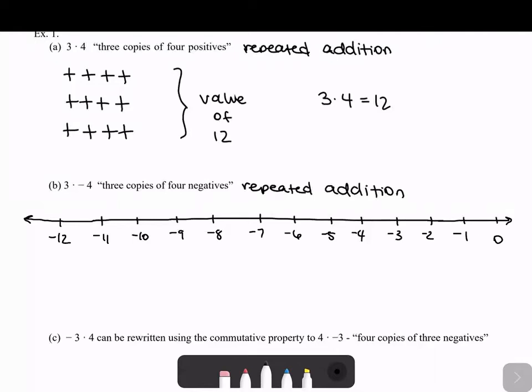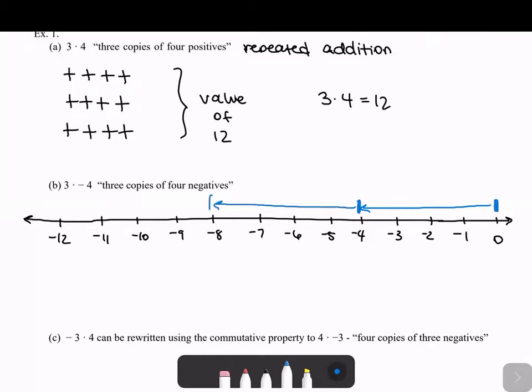We're going to have 3 copies of 4 negatives. So if we start at 0 and go to -4, let me erase this so we have more space up top. If we go from 0 to -4 one time, and then we repeat this, we now get to -8. We do it one more time, and we get to -12.